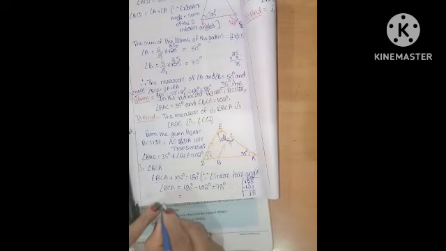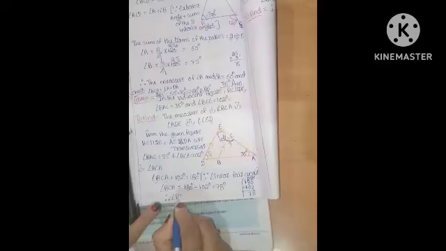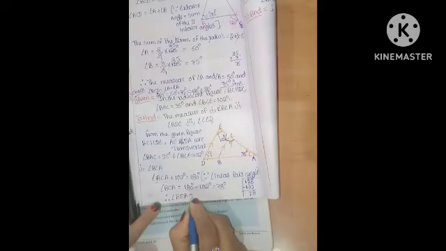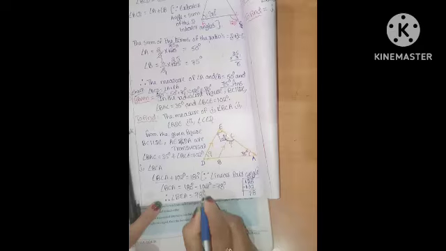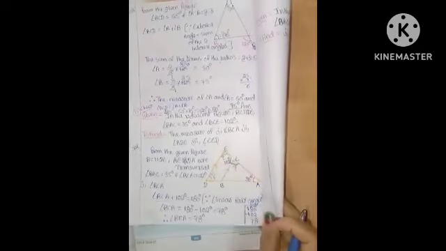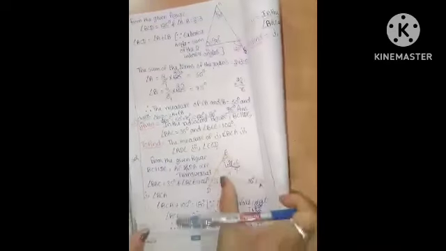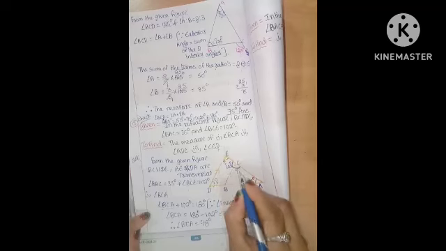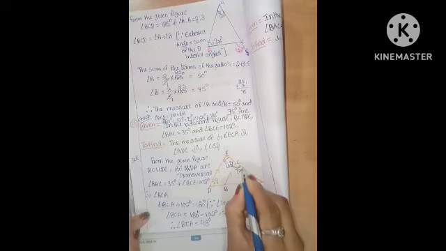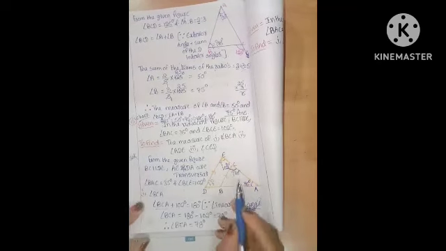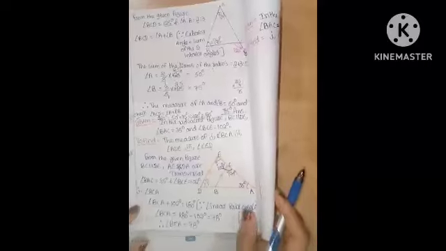Therefore angle of BCA is 78 degrees. Okay, this is the first bit answer. This angle is 78 degrees. Okay, have you understood?